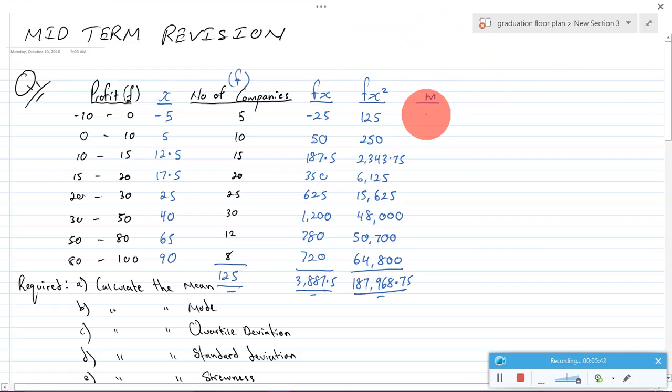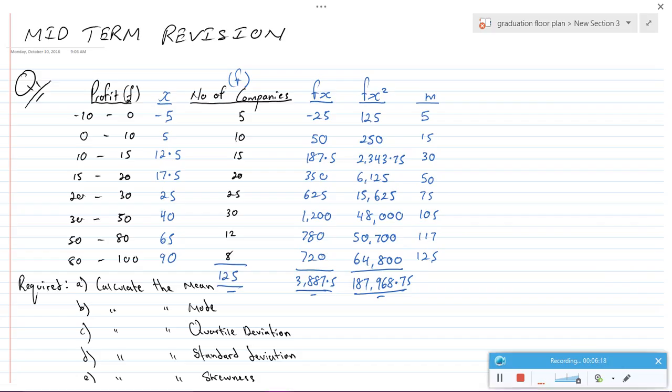So you start with 5, then you plus 15, 30, 50, 75, then what? 105, 117, then 125. Okay. Remember, the last amount and the total must be the same as the total F.